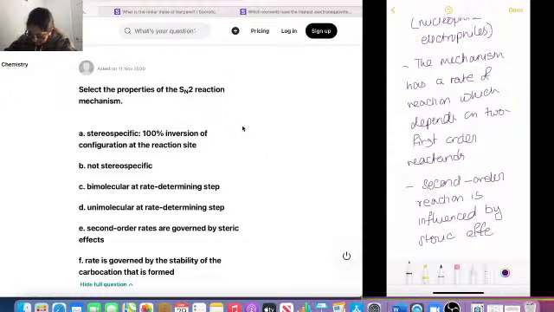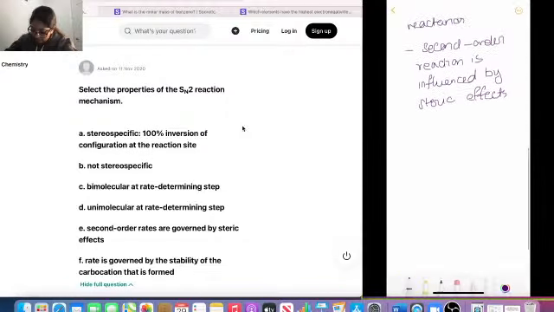Okay, so these are the properties, majority of the properties of an SN2 reaction.